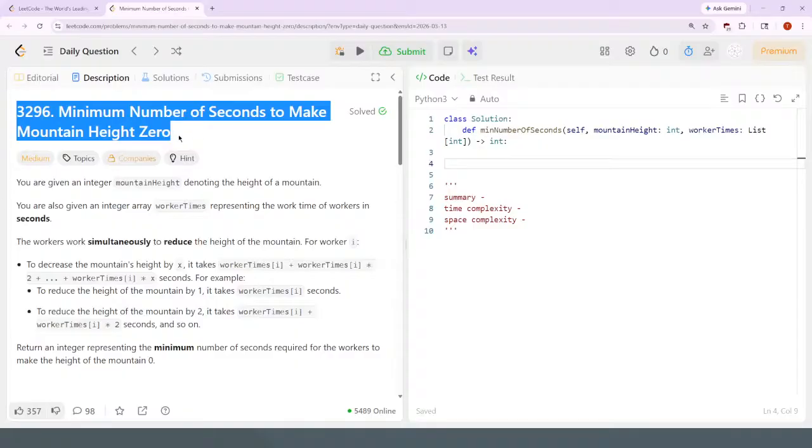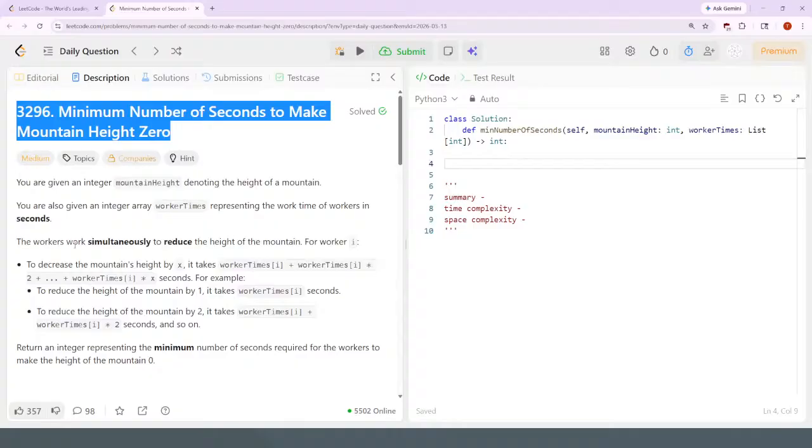Minimum number of seconds to make mountain height 0. Previously solved this at some point. Medium. You're given an integer mountain height denoting the height of a mountain. You're also given an integer array worker times representing the work time of workers in seconds. Workers work simultaneously to reduce the height of the mountain.